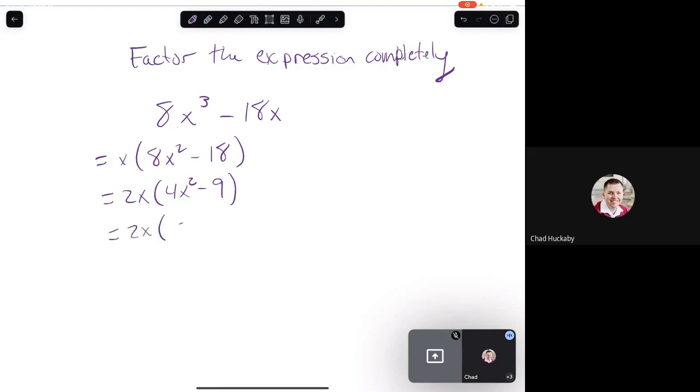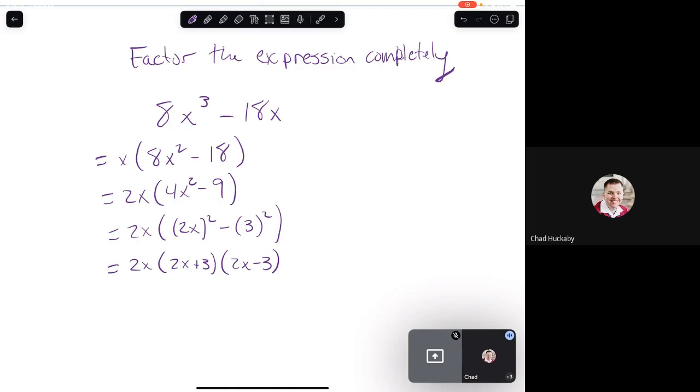This is 2x quantity squared minus 3 squared. So you have something being squared minus something else being squared. Well, the difference of squares formula tells us that that's 2x plus 3 times 2x minus 3.